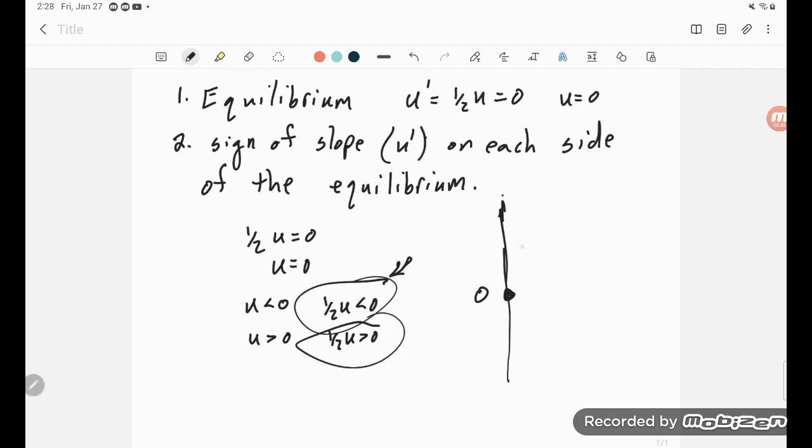When u is positive, though, then 1/2 u, the derivative, so u prime equals 1/2 u, up here is positive, and so I should be drawing things that way. We'll do a couple more examples to hopefully get it right. And then down here, u prime is equal to 1/2 u, but it will be negative down here, and so we would draw the direction negative.